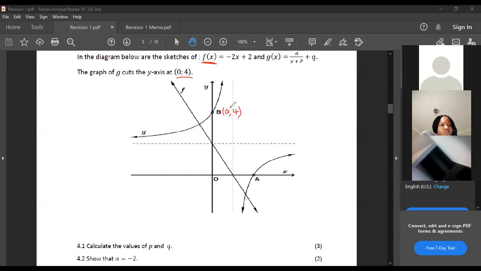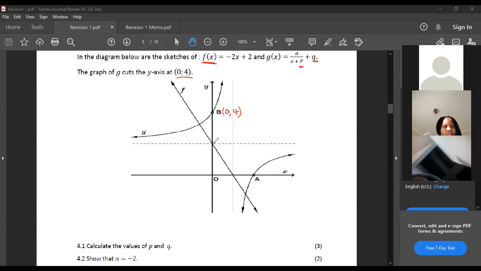Now, let's talk about finding P and Q. Remember, P and Q are the asymptotes. The vertical asymptote represents P. The horizontal asymptote represents Q. But how do I find this?